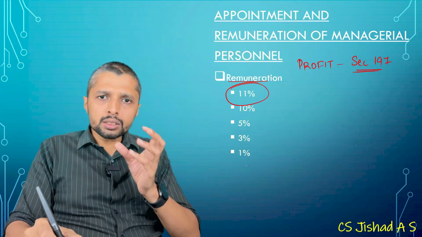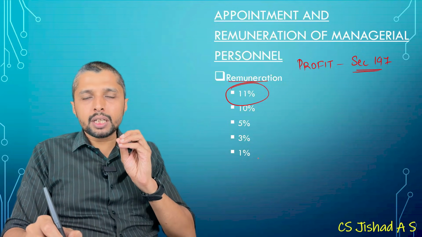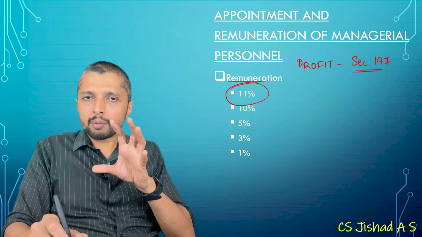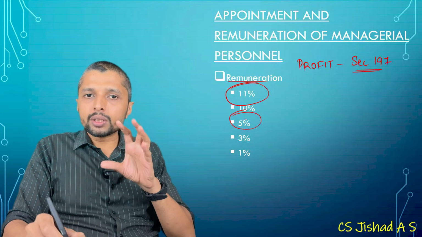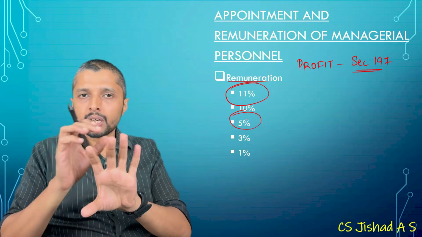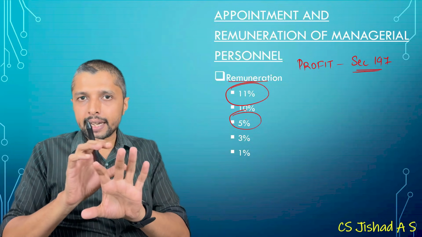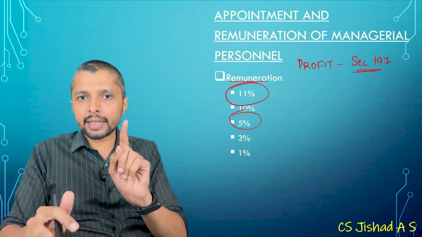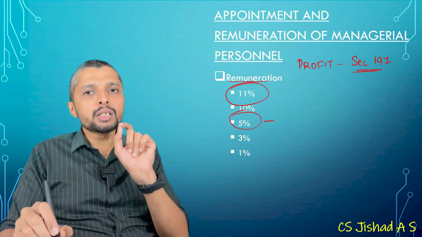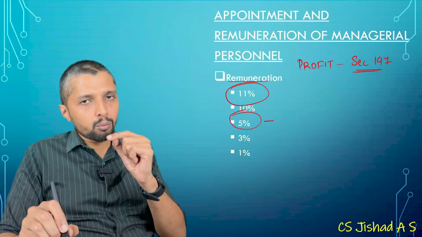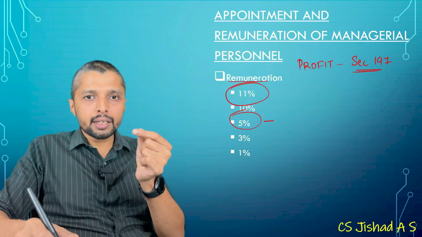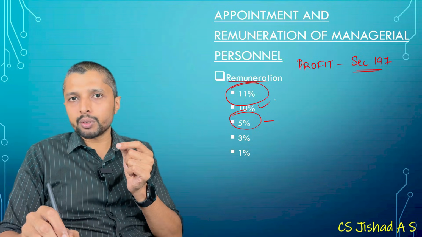Suppose there is only one MD, whole-time director or manager in your company, that is one category. If there is only one person from that category, you can give 5% to that person. If there is more than one person from that category, collectively you can give 10%.